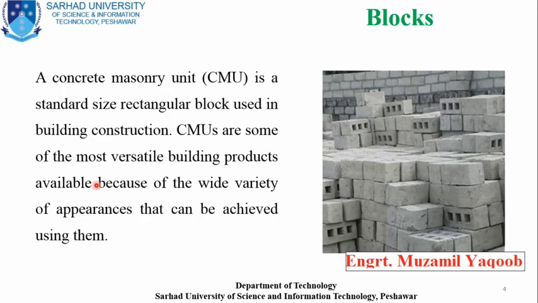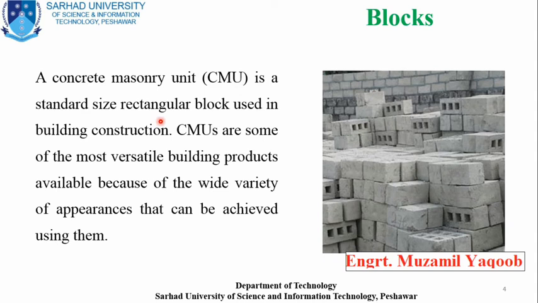So first, in general terms, the definition of blocks is known as a concrete masonry unit. In short, you can say CMU is a standard size rectangular block used in building construction.